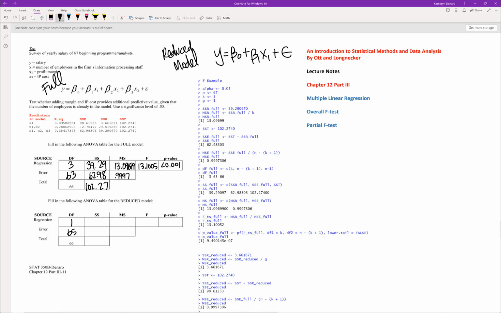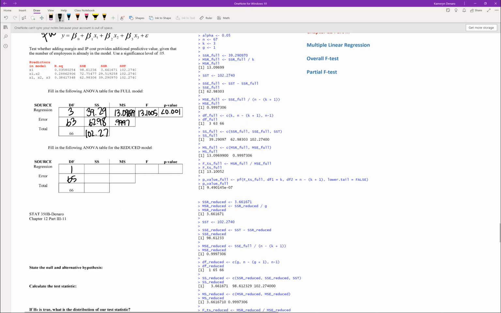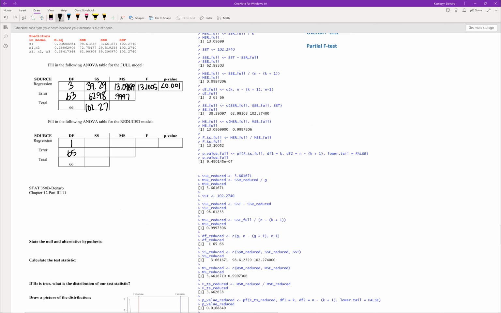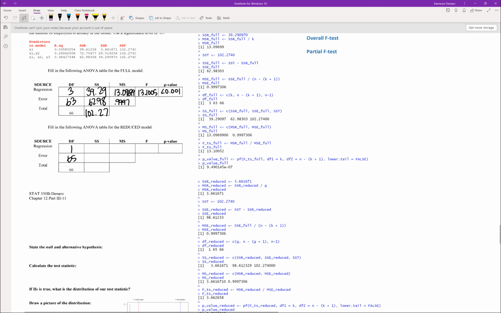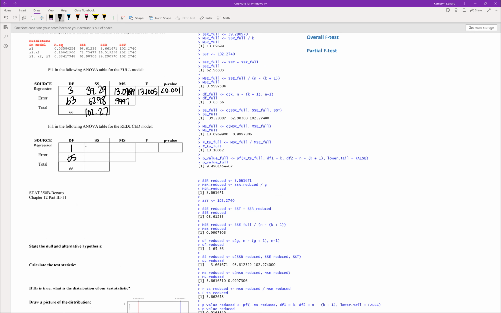I'm going to scroll down just a bit so we can get our previous calculations. Okay, our sum of squares due to regression of the reduced model is 3.66167. And so our mean square in this case is 3.66167.